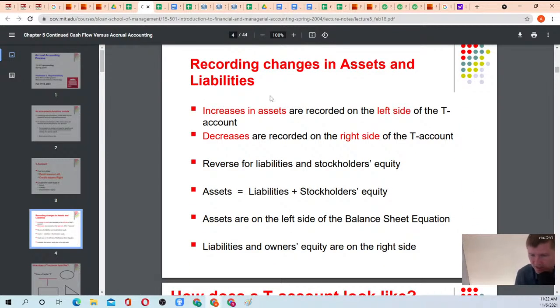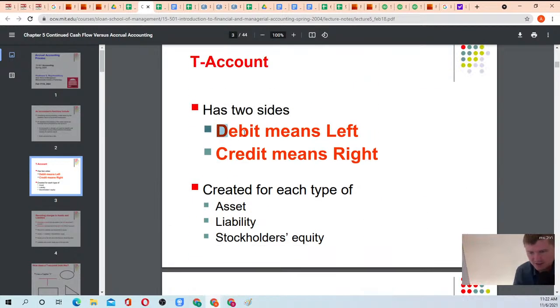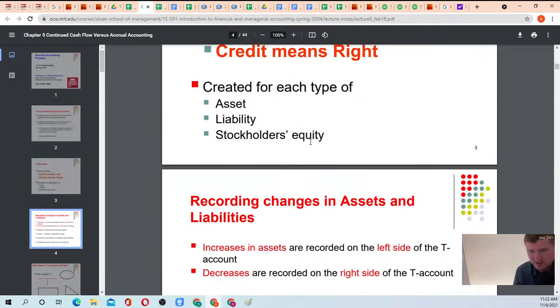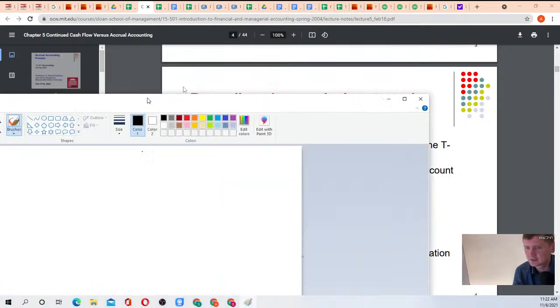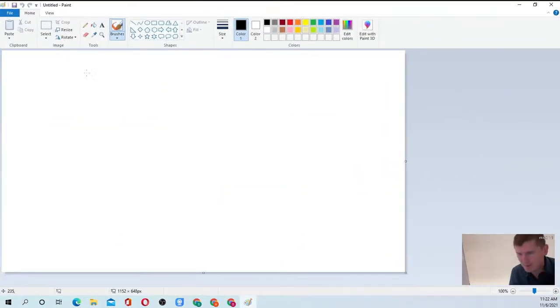Again, this is a repetition: increases in assets are recorded on the left side of the T account, and left side is a debit. So basically that repeats the debit and credit conversation. I have some paint here, so what we can do is say, okay, this is a T account, this is a debit, this is a credit.